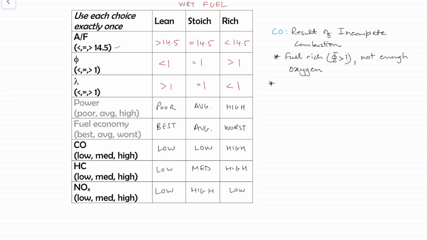You also produce CO when there is poor mixing of fuel and air, because there are regions which are fuel rich. So you have fuel rich regions in the flame.